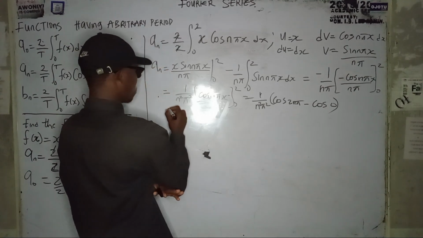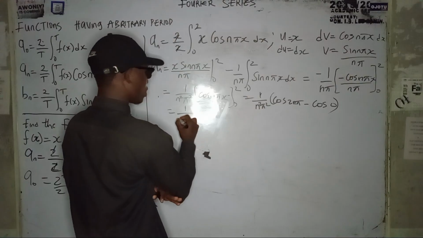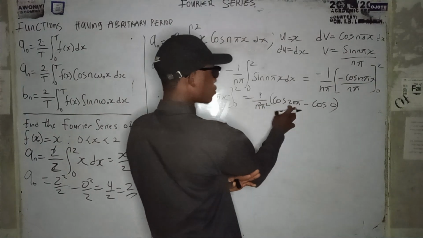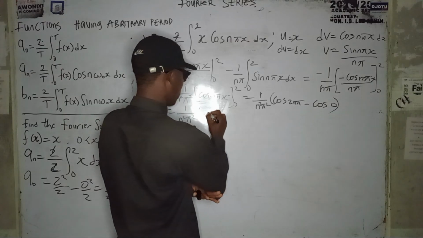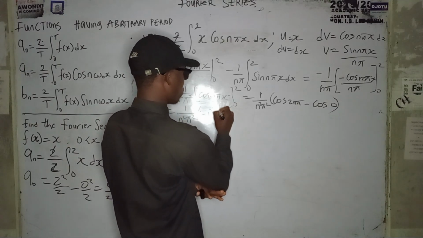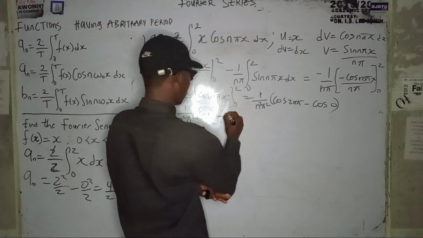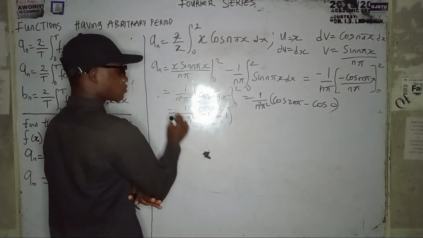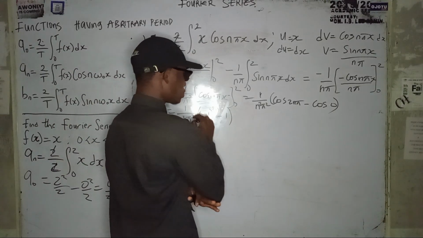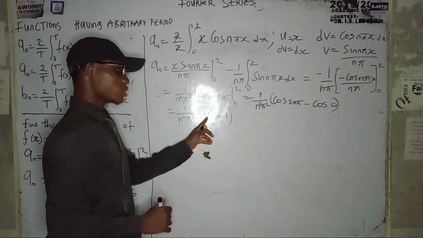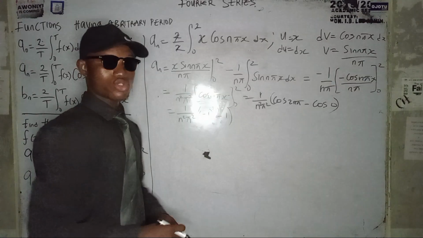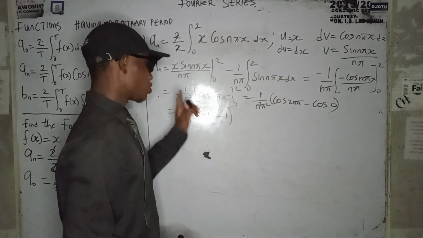This is going to become 1 over n square pi square of, now this is going to become minus 1 raised to power 2n. Then we have minus 1 also. So in this particular scenario here, our minus 1 raised to power 2n is going to give us plus 1.